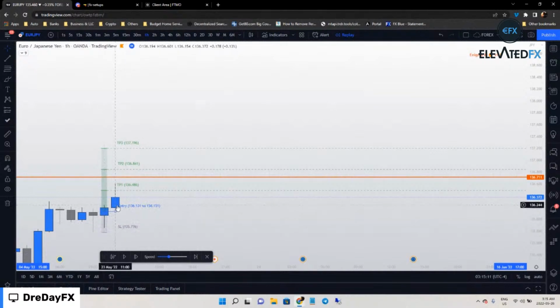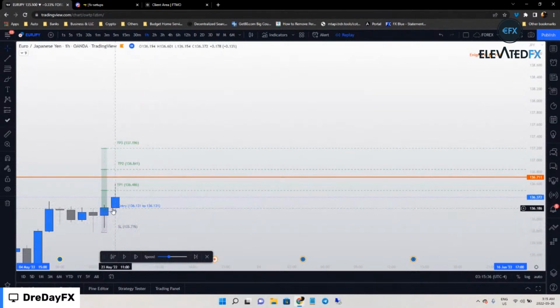So personally, I take it as a market execution here. You still have time within the hour to take your position, but usually it takes maybe 5 minutes just to decide if I take the trade or not.